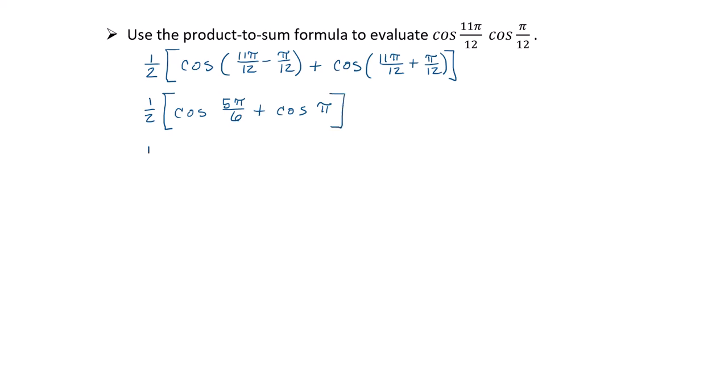Now I can use my special angles, and the cosine of 5 pi over 6 is going to be the negative square root of 3 over 2, plus the cosine of pi is negative 1, so I'm going to make this a negative here. This gives me a negative square root of 3 over 4 minus 1/2, which is negative square root 3 minus 2 all over 4.